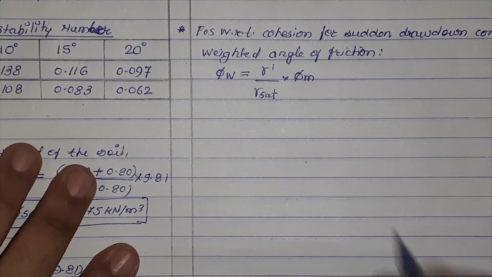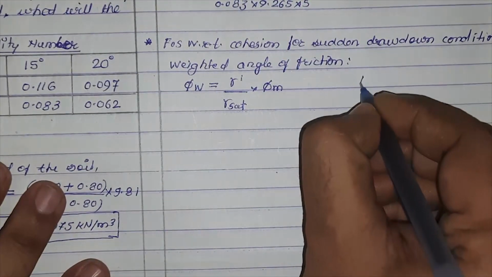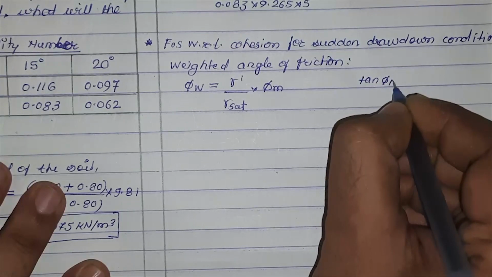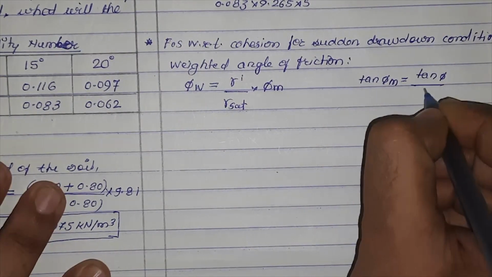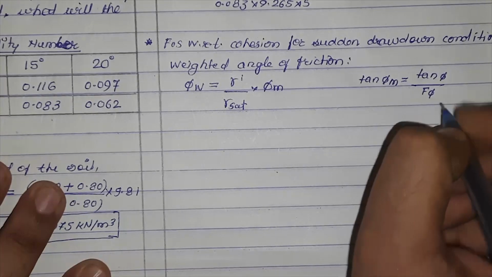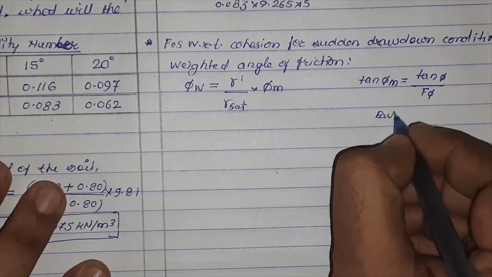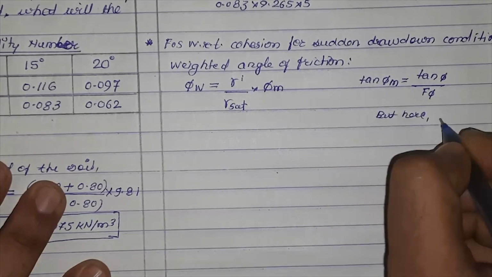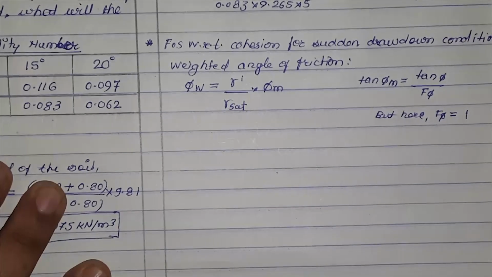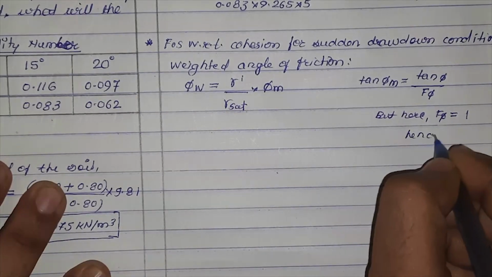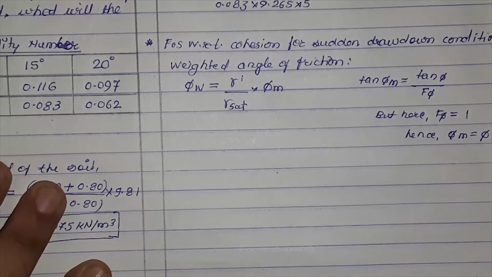Please remember, phi m is determined as tan phi m equals tan phi divided by factor of safety with respect to phi. But here F phi is equal to 1, hence phi m equals phi.